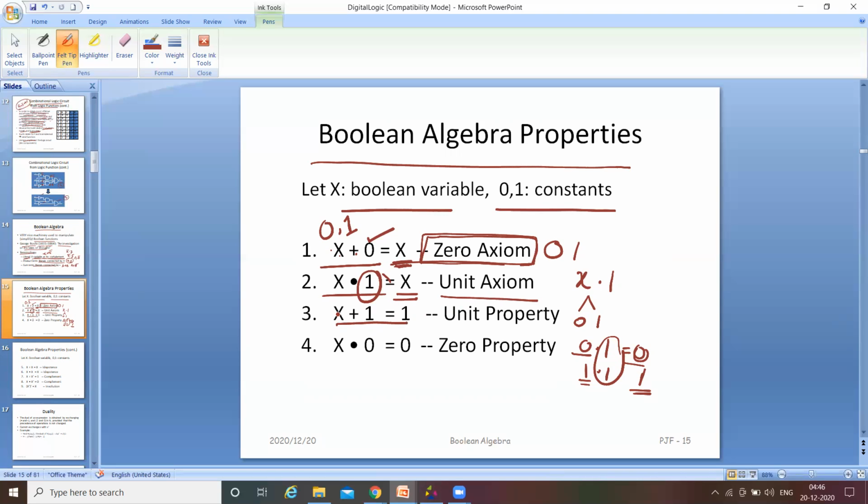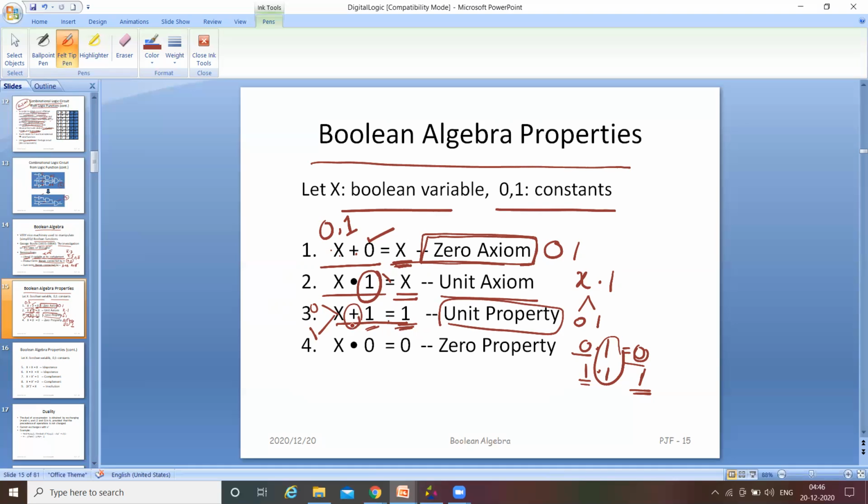Next, x plus 1 is there. Here also x is either 0 or 1. So 0 plus 1 will become 1. 1 plus 1 is also 1. So irrespective of this 1, it doesn't have any change on this logical expression. Whether 0 or 1, by the unit property, it will always become 1. Here the plus means the OR operation, so don't confuse it with binary addition.